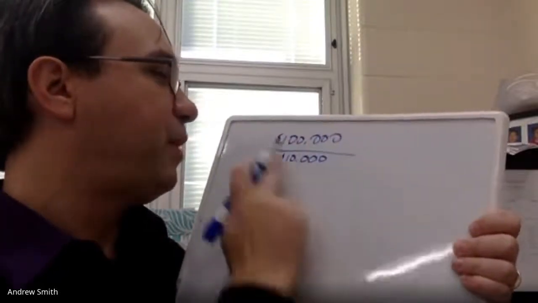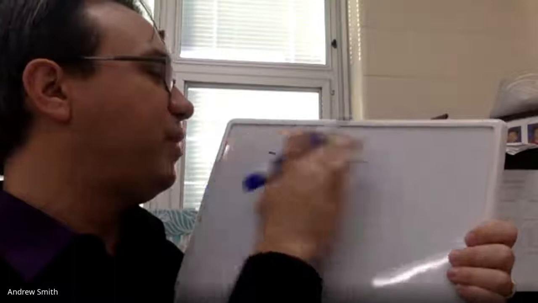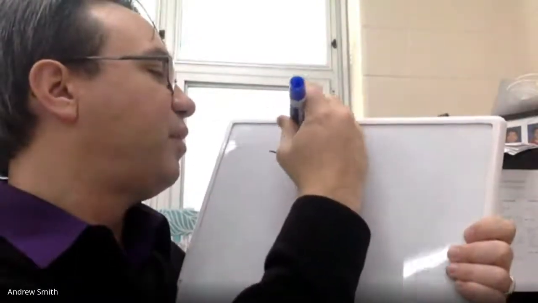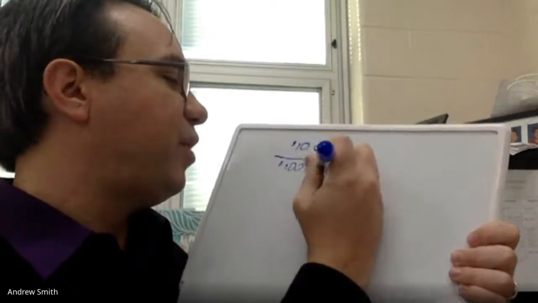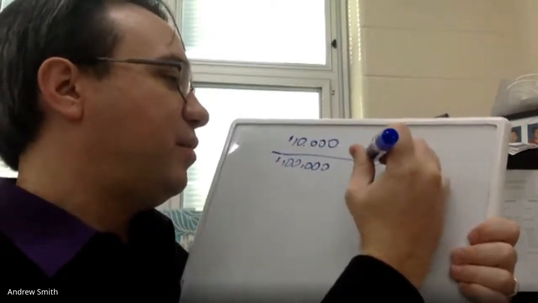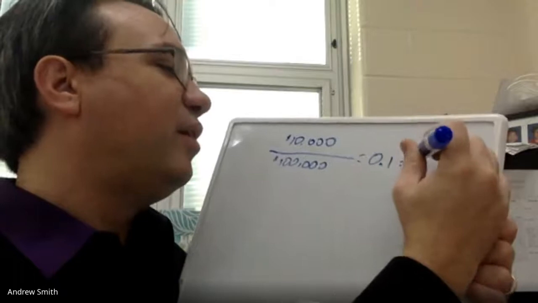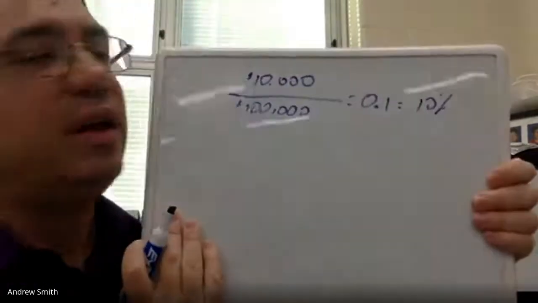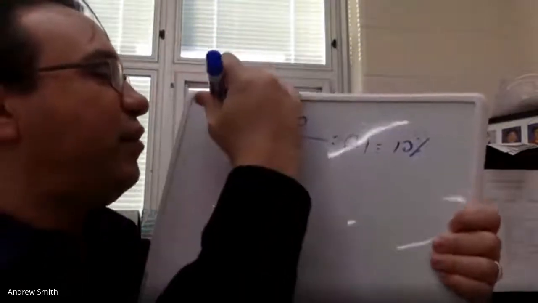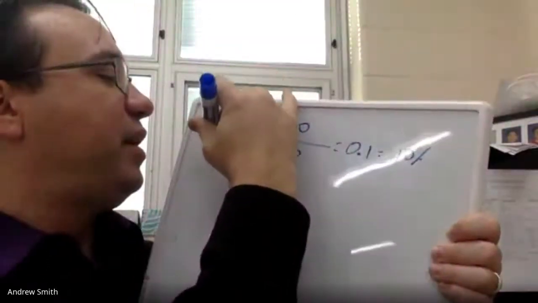Okay, actually, I need to do the other way around. It's tax divided by income. So my tax is $10,000. My income is $100,000. Okay, that's going to be 0.1, which converted from a decimal to a percentage is 10%. Okay, so it's tax divided by income.